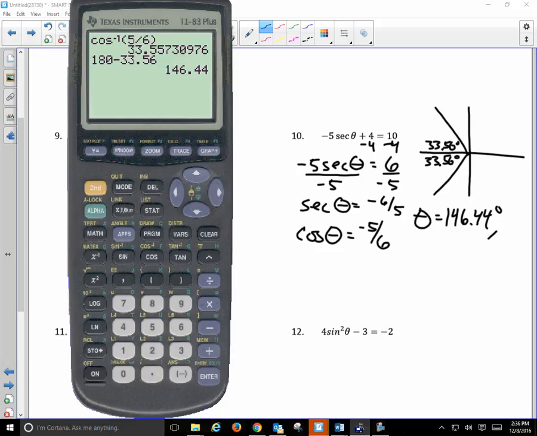So I add 33.56 to 180, and I subtract 33.56 from 180. You should get 146.44 and 213.56. Not too different, right? But you're doing squareds.